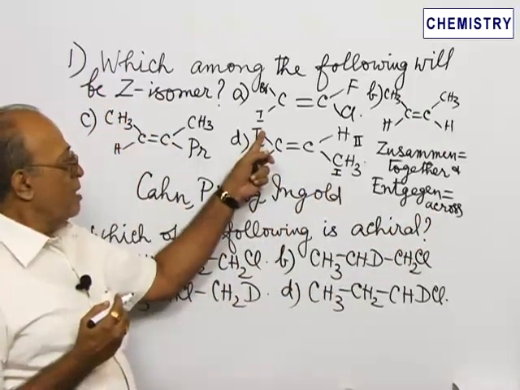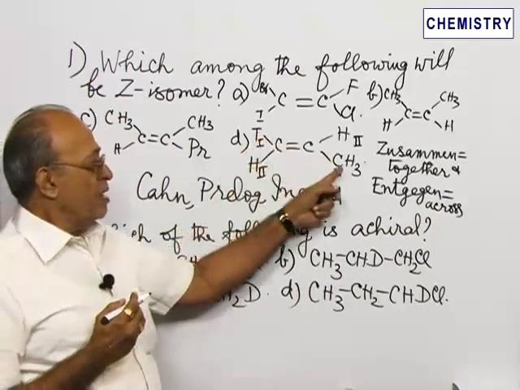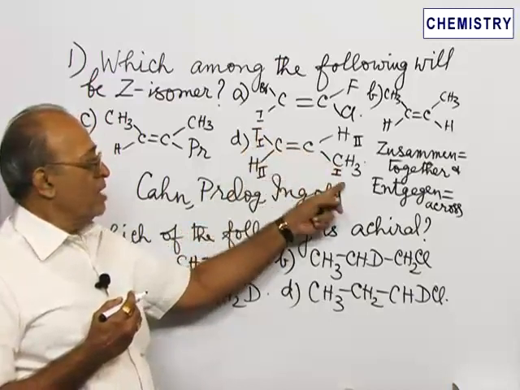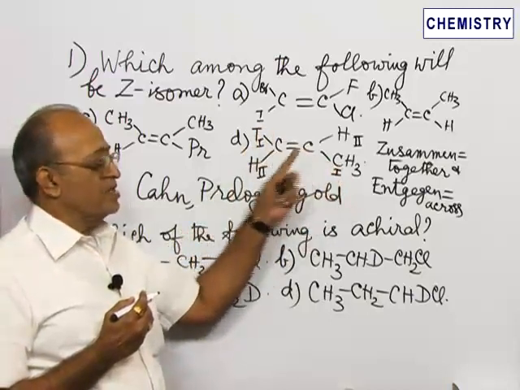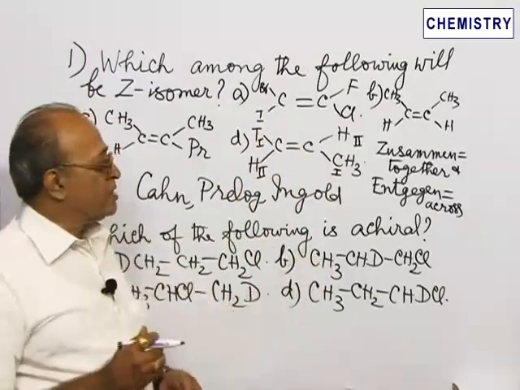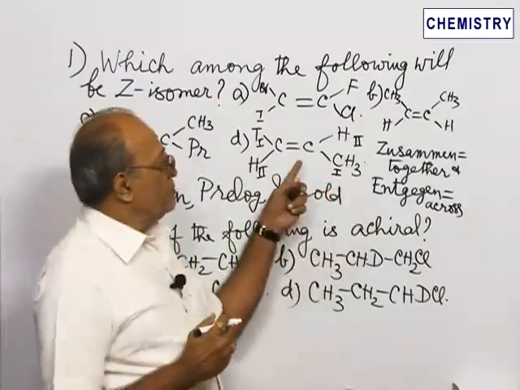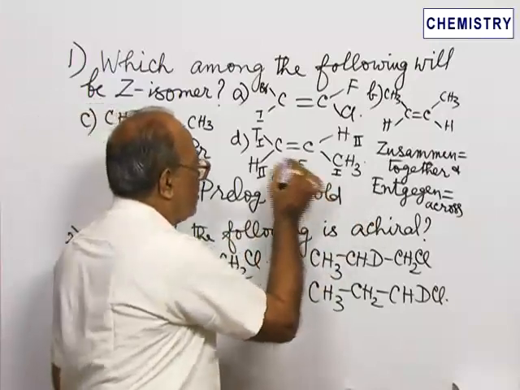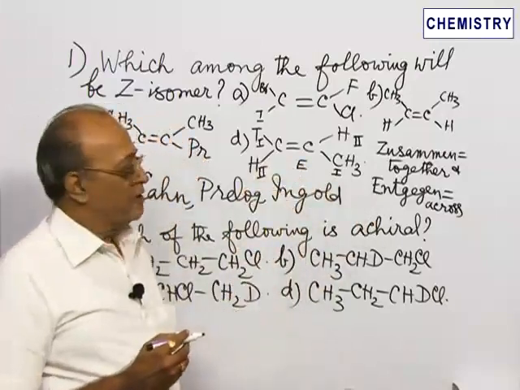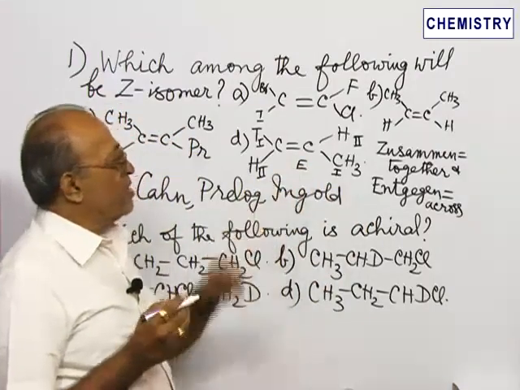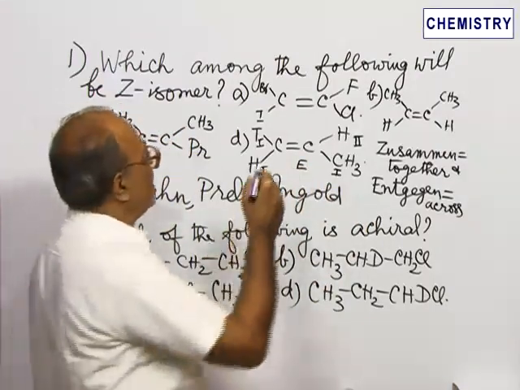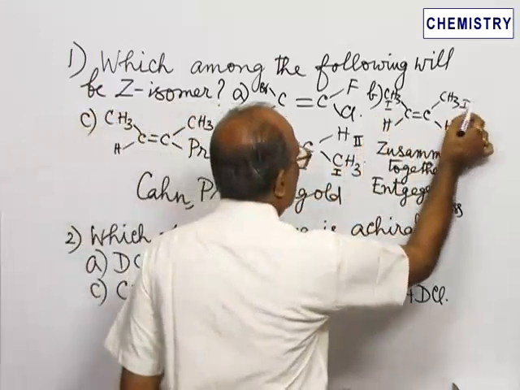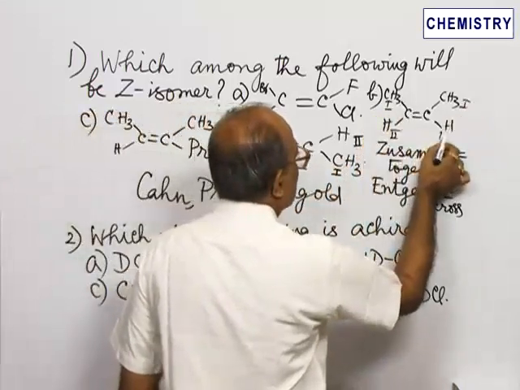Priority number 1 on the first carbon and priority number 1 on the second carbon. These lie across this double bond or in opposite direction. So, this particular isomer is given the notation E. Based on this, now we can see this is 1, this is also 1, this is 2, 2.